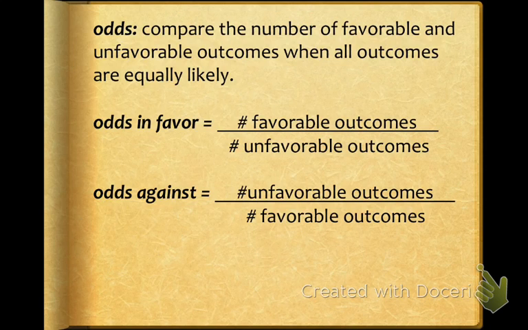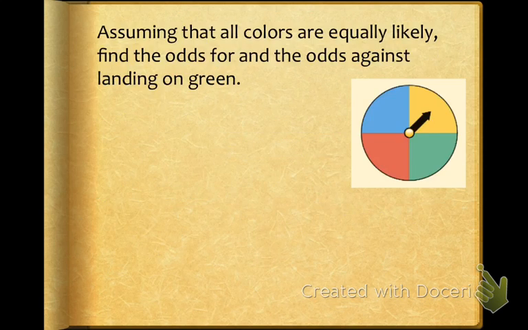So let's do a couple last examples here. Okay, here's the same spinner from before. Assuming that all colors are equally likely, find the odds for and the odds against landing on green. So, let's do the odds for.